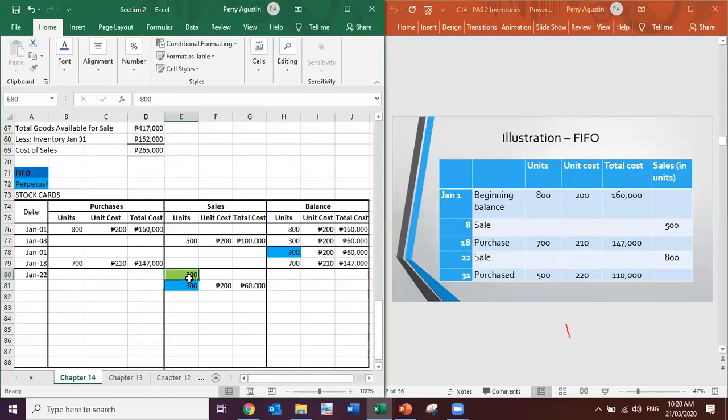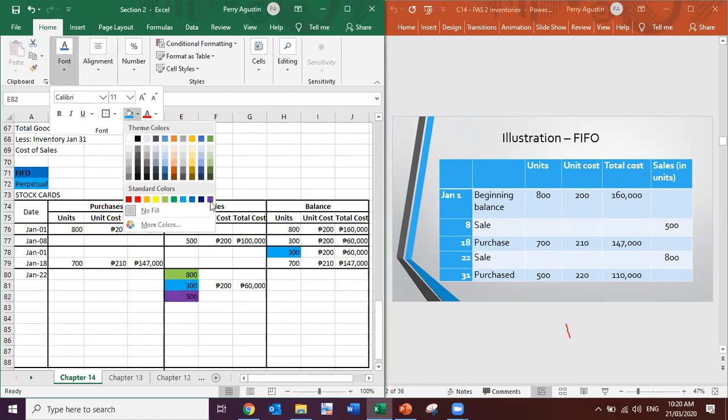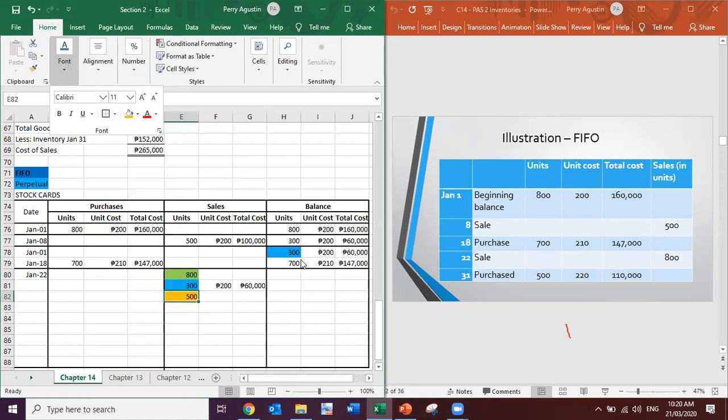Eh sir, meron pang kulang. Kulang pa tayo ng 500. So the 500 will be allocated to the 700. Okay? So magkano mo siya ibebenta? At 210. So we multiply this.